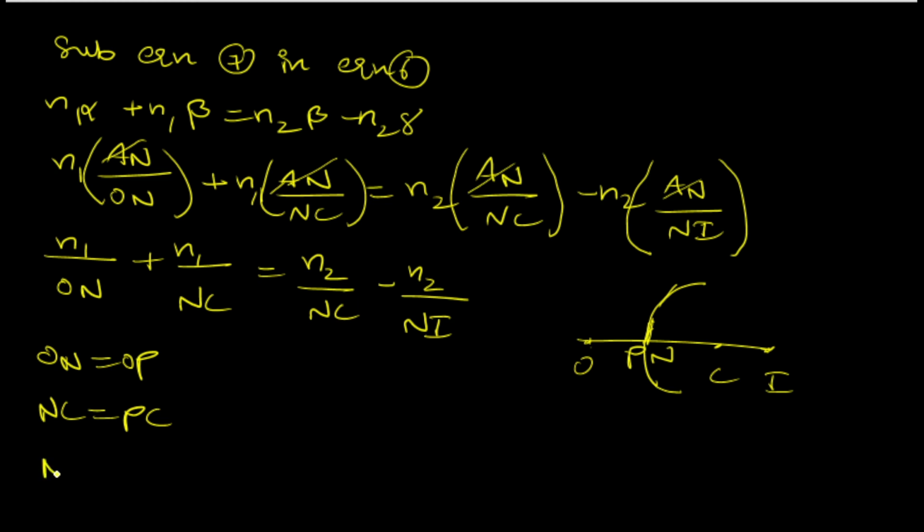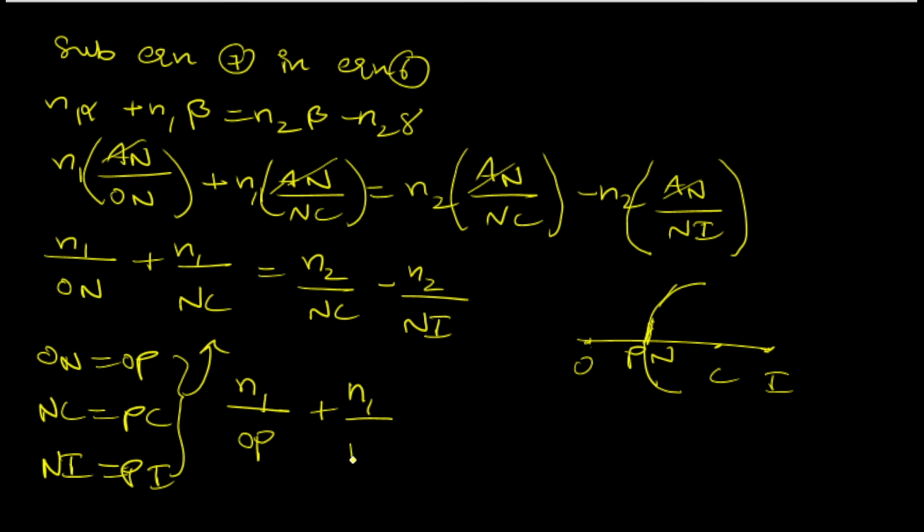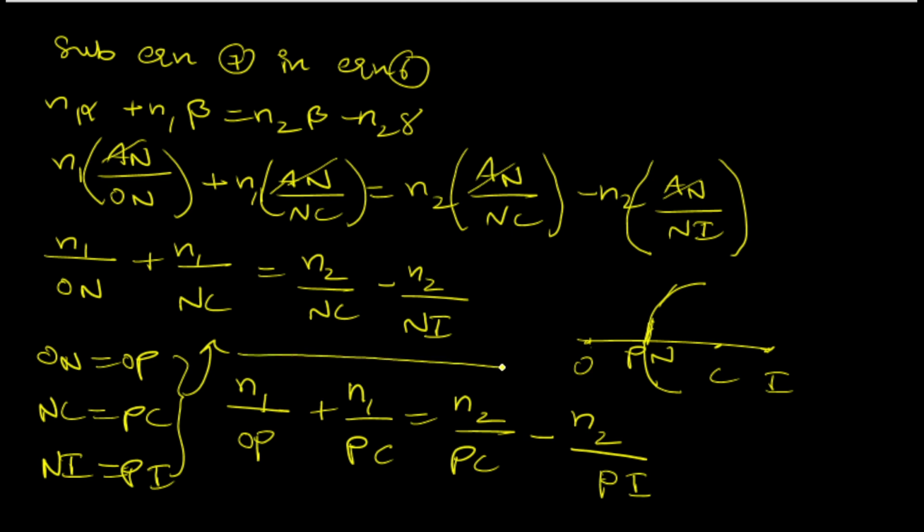Now substitute these values in the above equation. Then we have n1 by OP plus n1 by PC is equal to n2 by PC minus n2 by PI, right? Now you just keep it in a box.